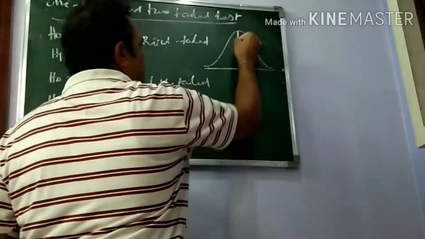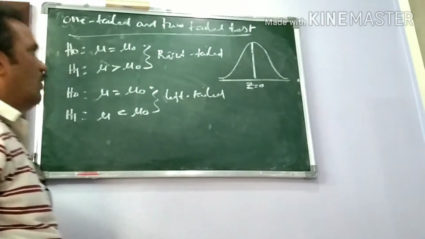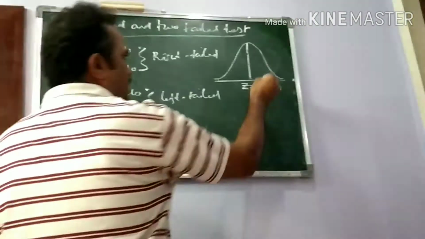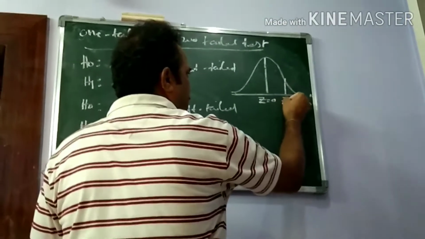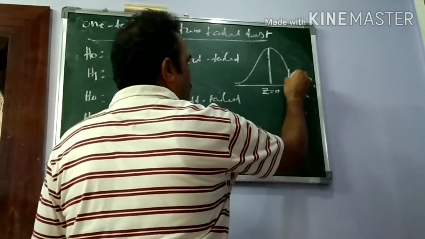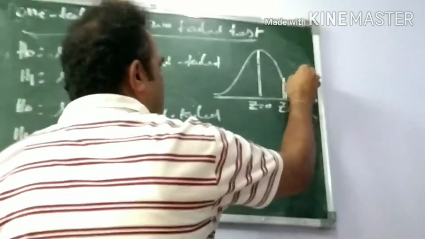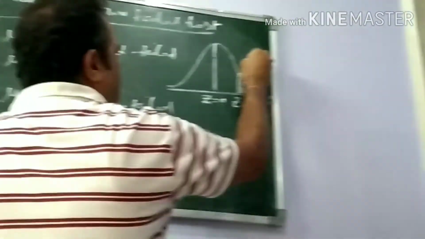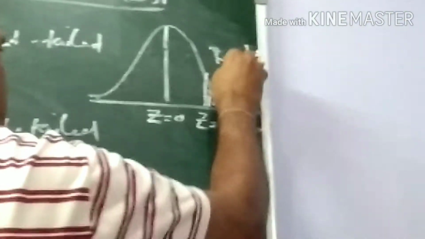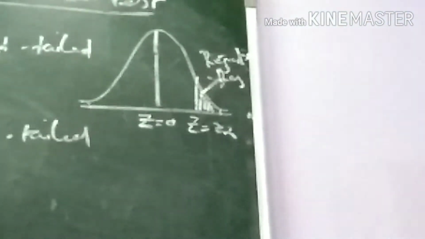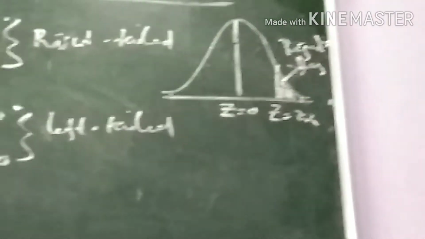In this normal curve, x equal to mu, and the corresponding z value is 0. To the right of z equal to 0, we consider the area beyond z equal to z alpha. This is the rejection region, or critical region. I told you earlier that the critical region is nothing but the rejection region.